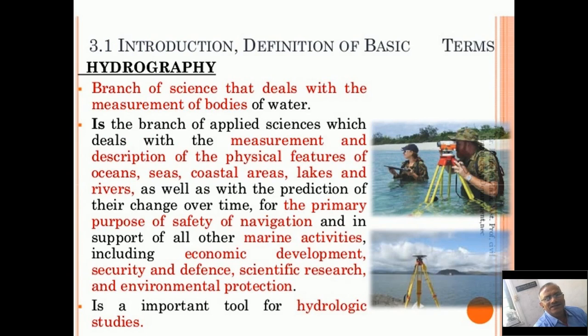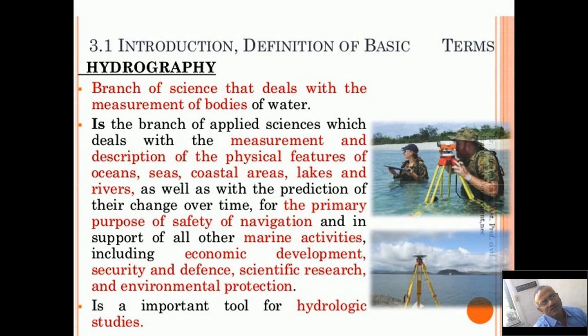In second year surveying, you have studied the different types of survey, in the classification of the survey. We have discussed the engineering surveys, land surveys, marine surveys, astronomical surveys, and the hydrographic surveys.